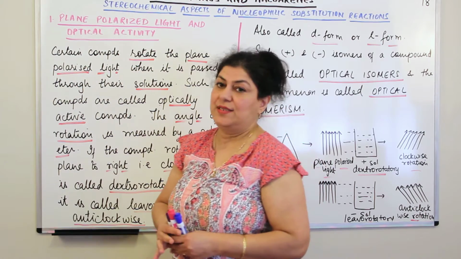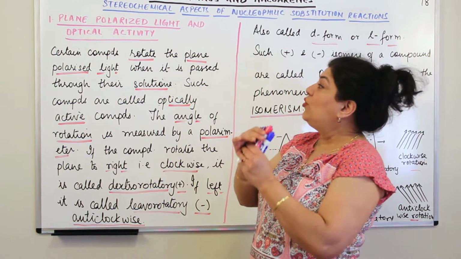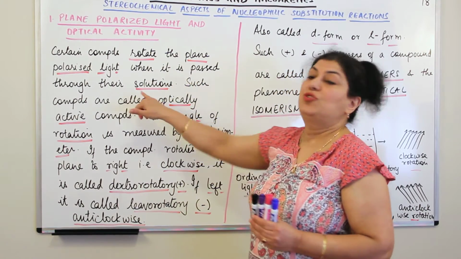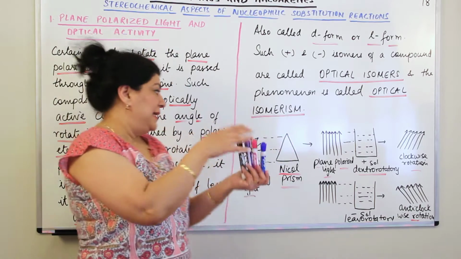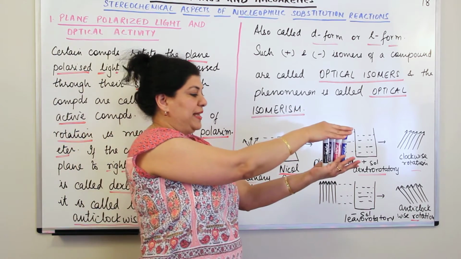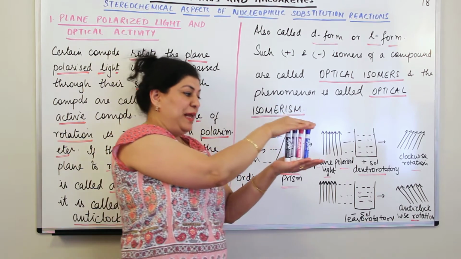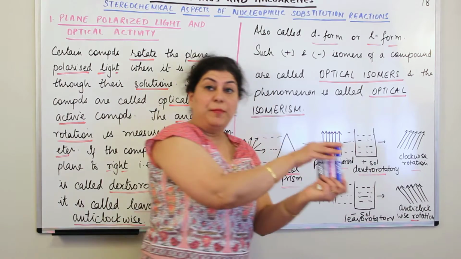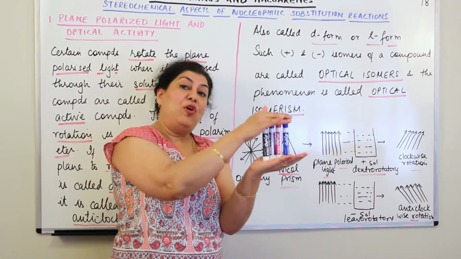Let us understand this further. Certain compounds can rotate the plane of polarized light when it is passed through their solutions. You pass light through a nickel prism and the light becomes plane polarized. If you pass this plane polarized light through the solution of a compound, the solution may rotate the plane of the polarized light.